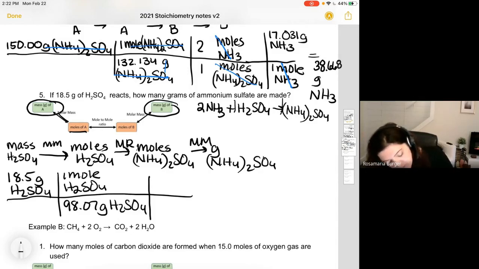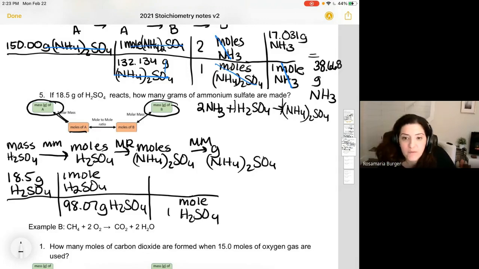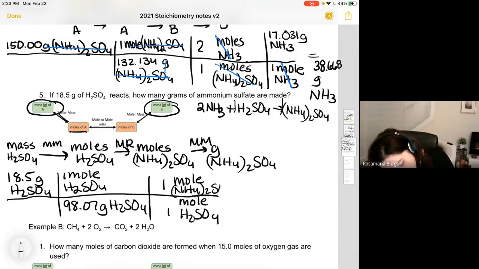So I'm going to put moles of H2SO4 on the bottom. You can't skip this step because you still need it to be able to switch over those units, those substances. 1 mole (NH4)2SO4. So now we've gotten rid of moles of H2SO4, and we've also gotten rid of grams.